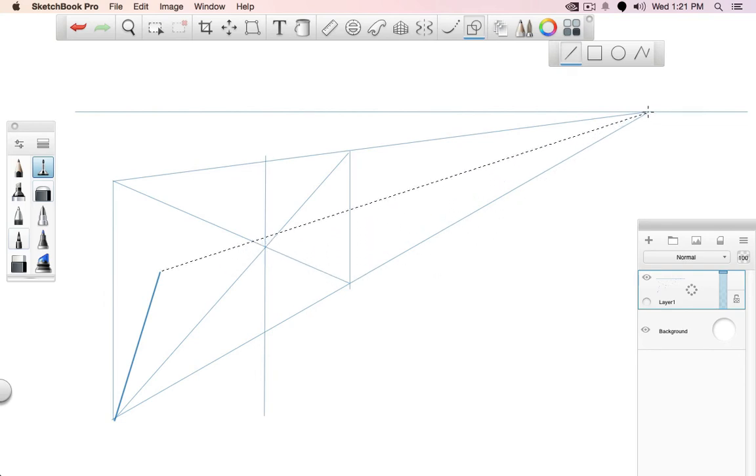Obviously, then I have to go to the vanishing point. And then from here, I go over to this one point, and I see that it cuts it there. So that tells me I can go from this corner point through where the midline is cut till it touches this point there, and there I have my part mirrored over.